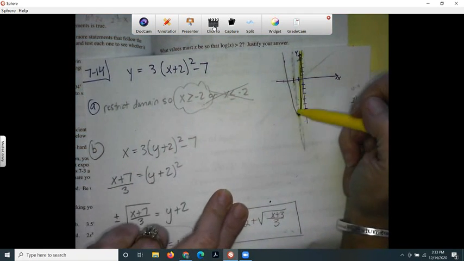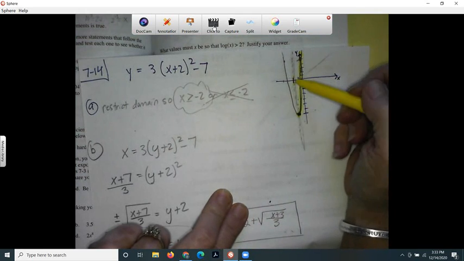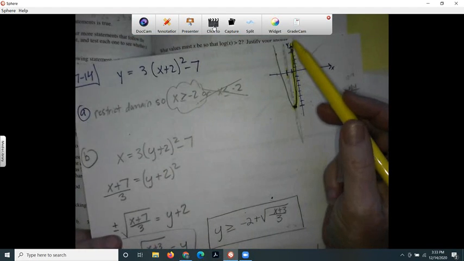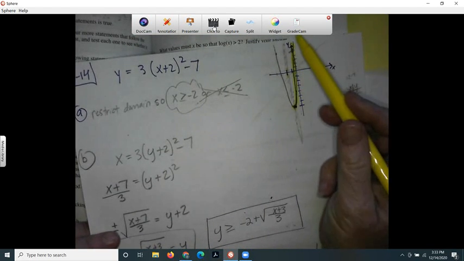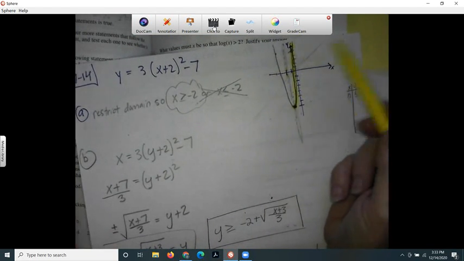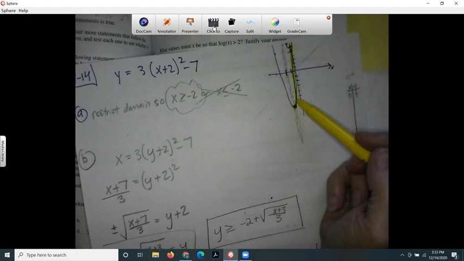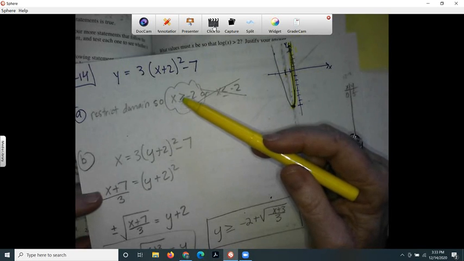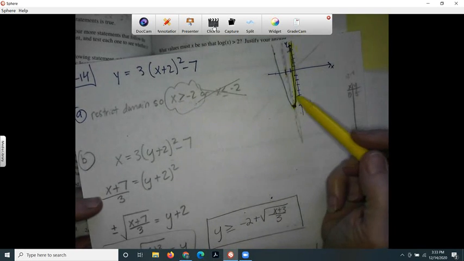Well, the middle of the graph is at x equals -2. I just want this yellow half. I have a choice of which half I want. I just decided to do the right-hand side. So my domain is going to be x is greater than or equal to -2.